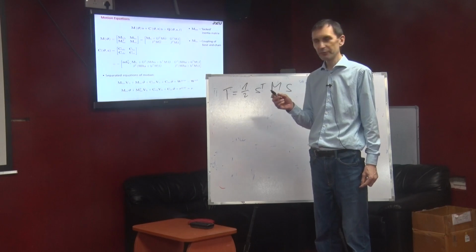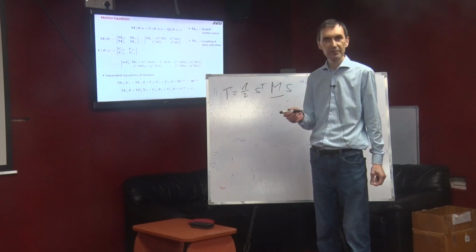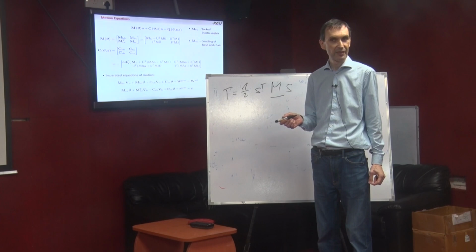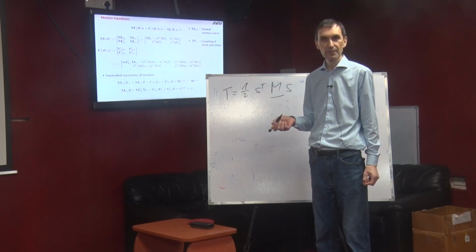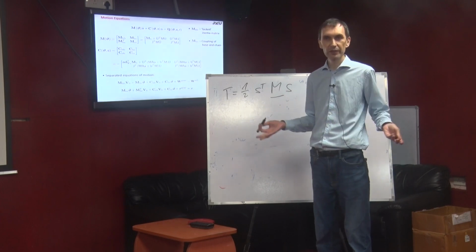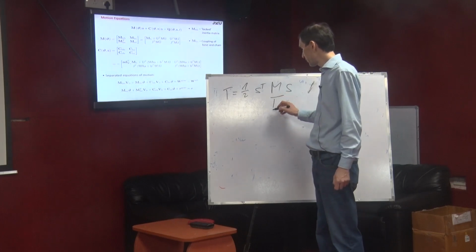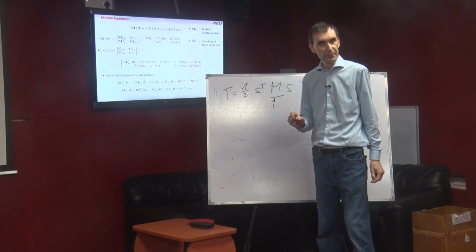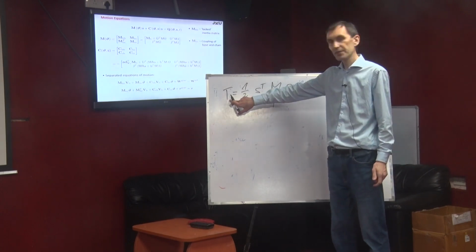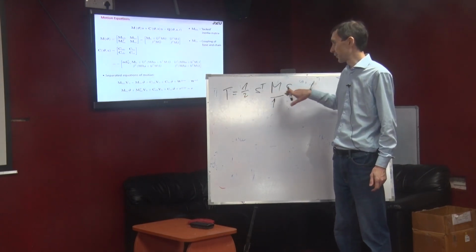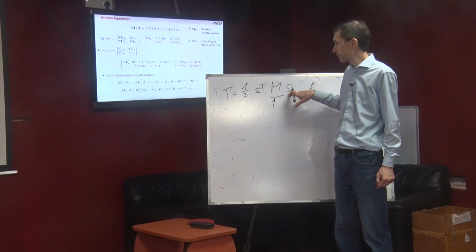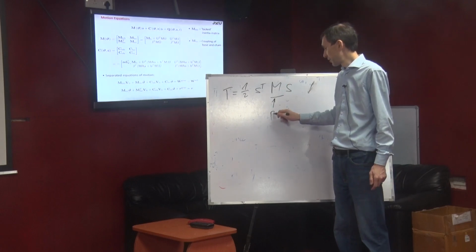Can it be zero for non-zero speed? No. Exactly. No speed, no kinetic energy. And the conclusion is that this M must be positive definite, because the kinetic energy is zero if and only if the speed is zero, which means M is positive definite.